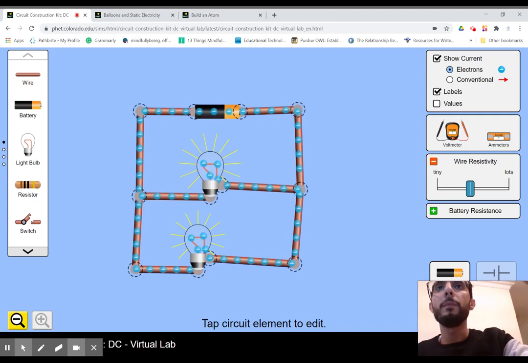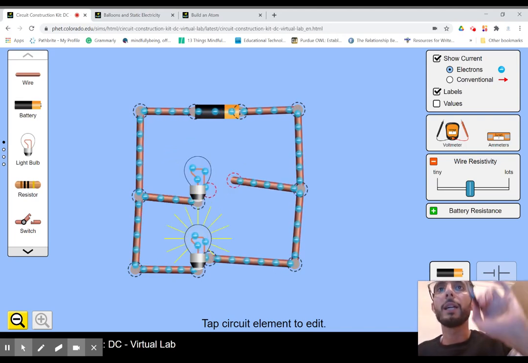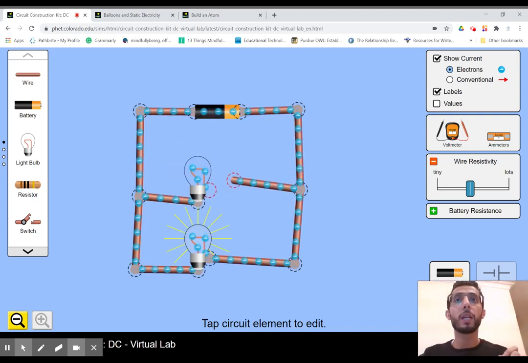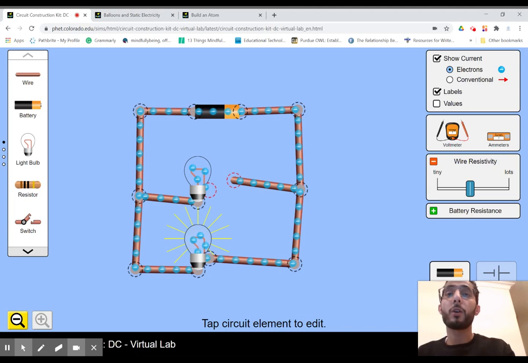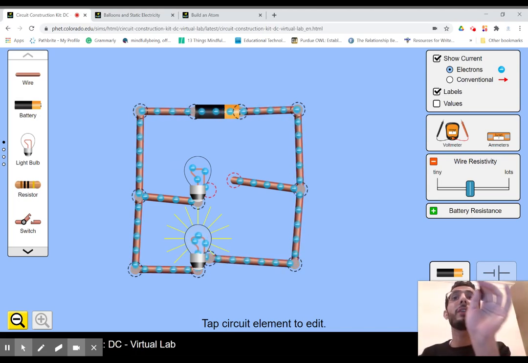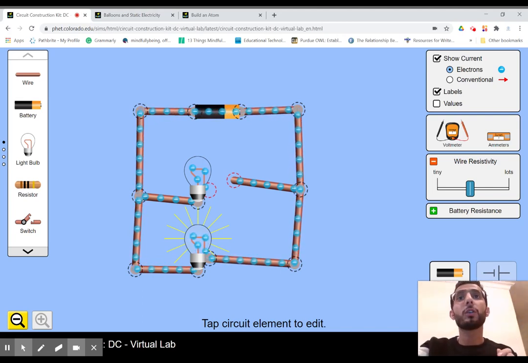Similarly, if I cut the wire here, the other light bulb is still working, because they are connected in parallel, with different loops. So you can see that electrons can still continue their rotation.